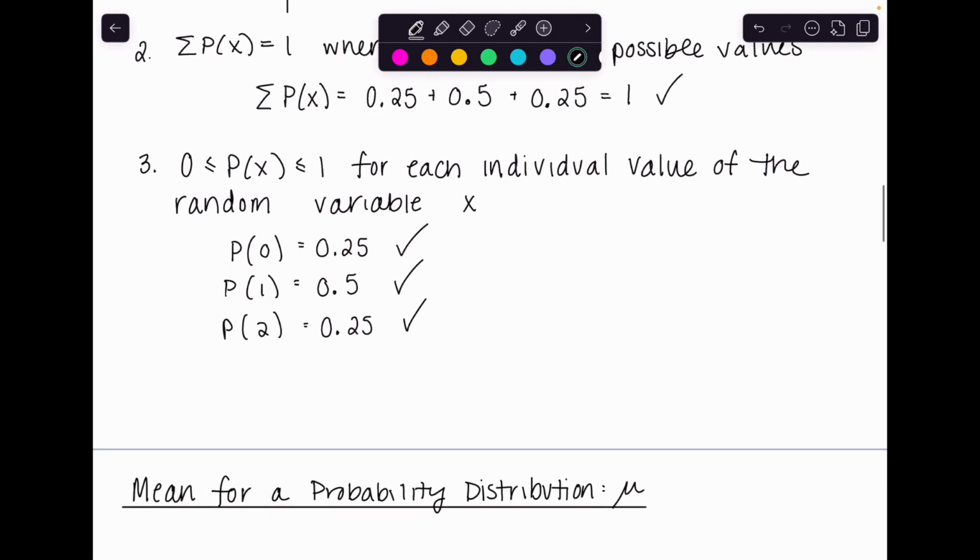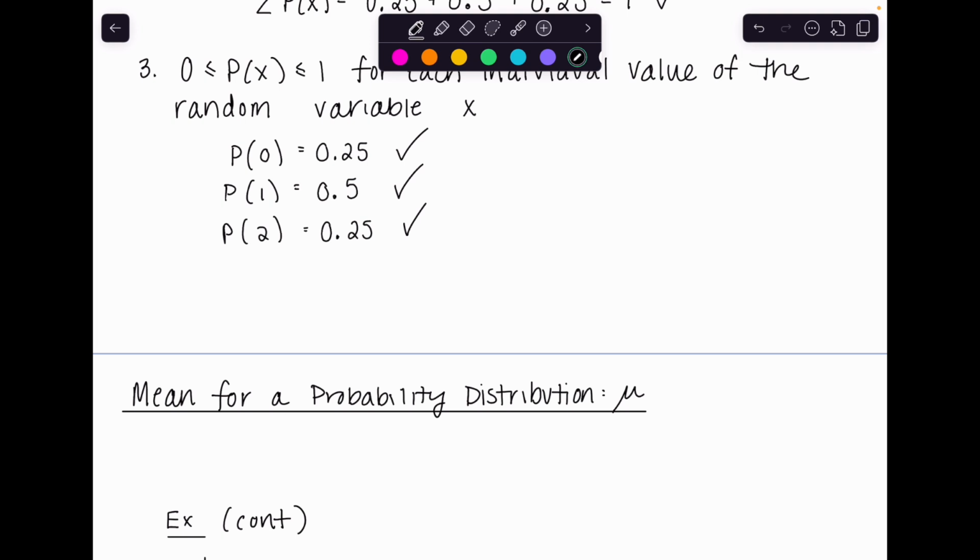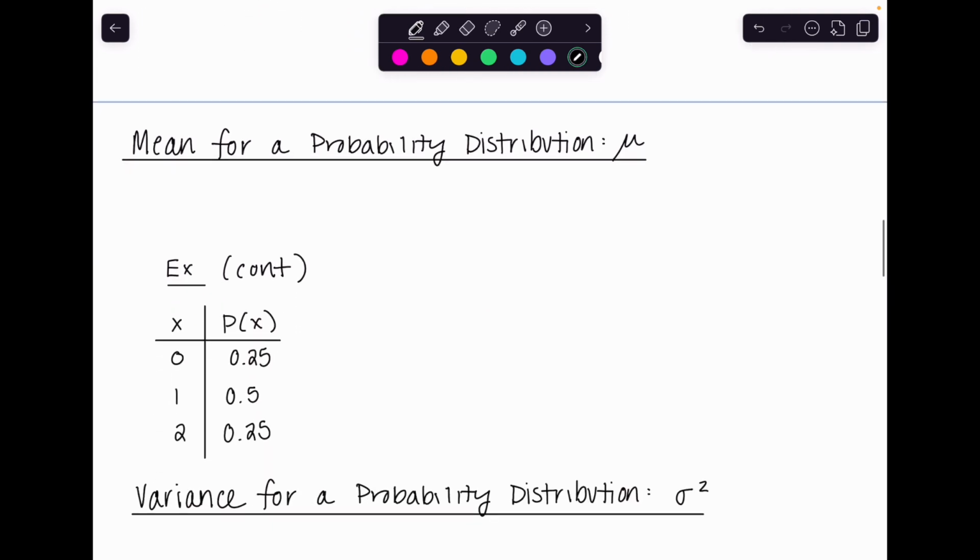So we're going to start with the mean for a probability distribution, and we're going to continue working with this same example. If you think about the mean, that would be adding them all up, dividing by how many you have. But in this case, there's an associated chance to that amount.